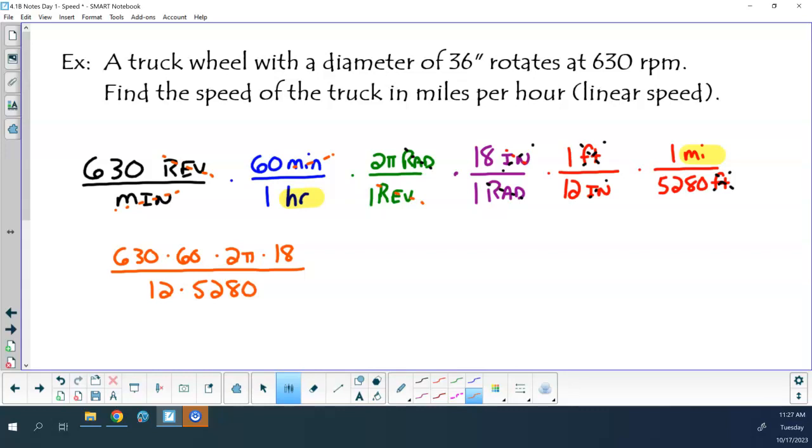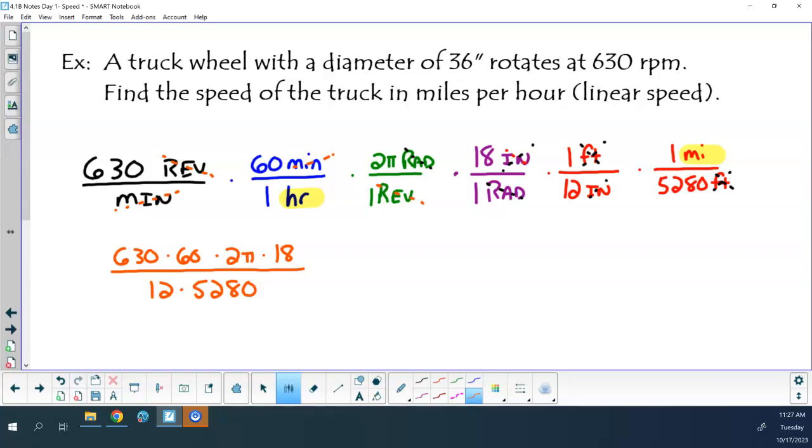Now, how you go about typing this into the calculator matters. Because if you don't put 12 times 5,280 in a set of parentheses, you're going to get something way, way different. You're going to get that you're traveling at well over 10,000 miles an hour.